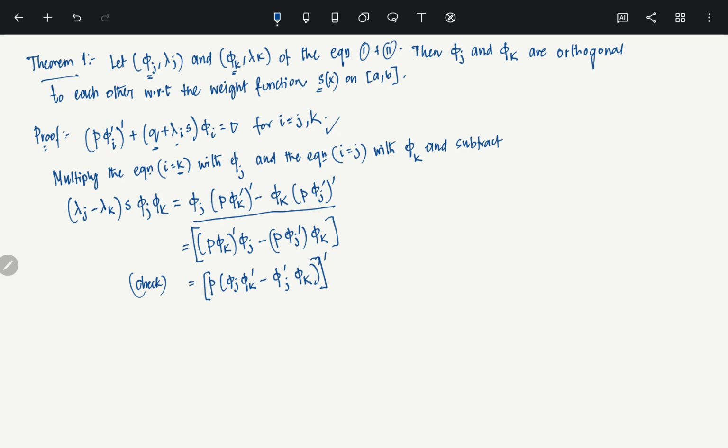If you expand it, you will end up getting this term. So you have to check this. It is a very simple calculation, and I am absolutely certain that you can do it.